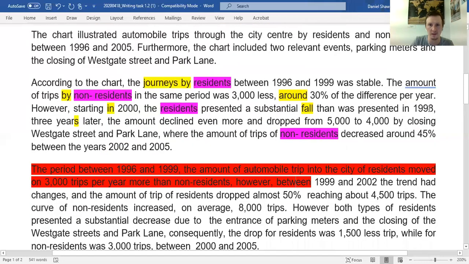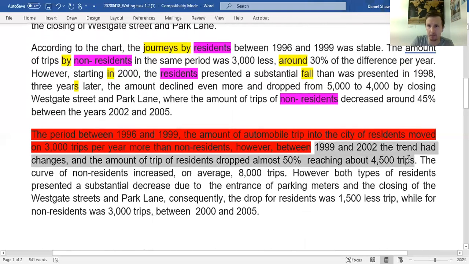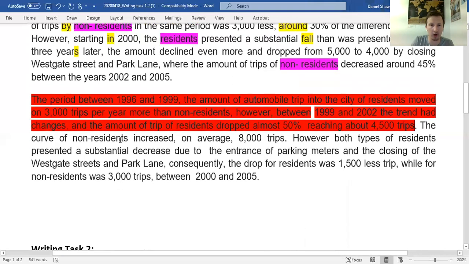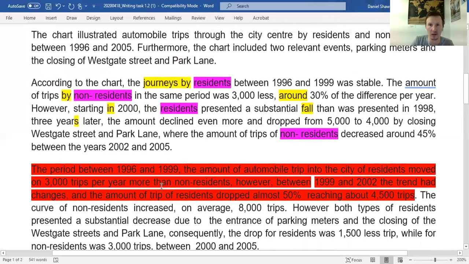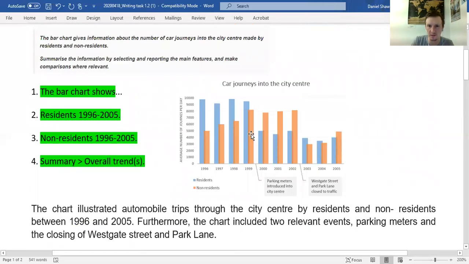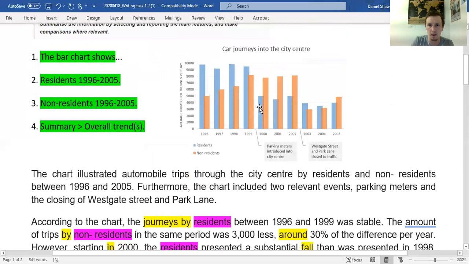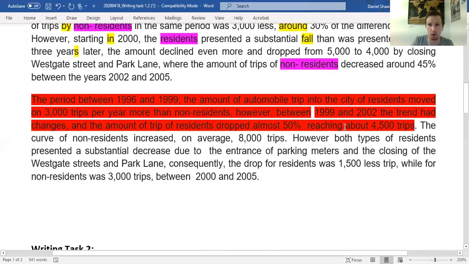We've got 1998, we've got 2000, we've got 2002. So this is already being covered as well. Again, not needed. The curve of non-residents increased. We've talked about this as well. And in this time, we've talked about as well. So we've already covered this information. So let's just stop there.